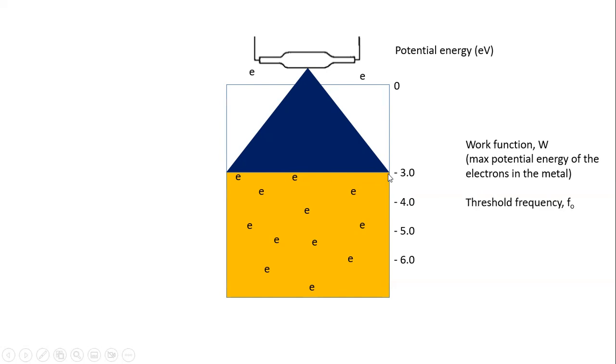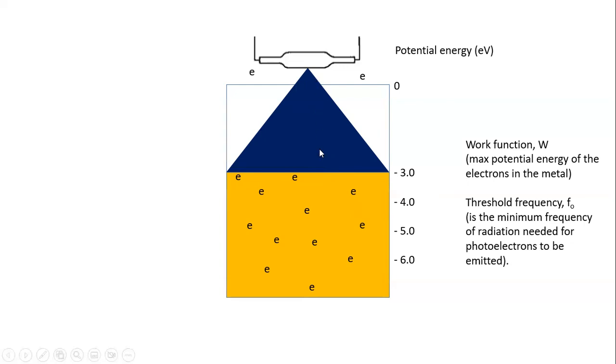Next is threshold frequency. What do you mean by threshold frequency? Threshold frequency is the minimum frequency of radiation needed for photoelectrons to be emitted. Coming back to the scenario here, assume this electron has maximum potential energy. For this electron to come out as a photoelectron, it requires a photon of minimum energy.